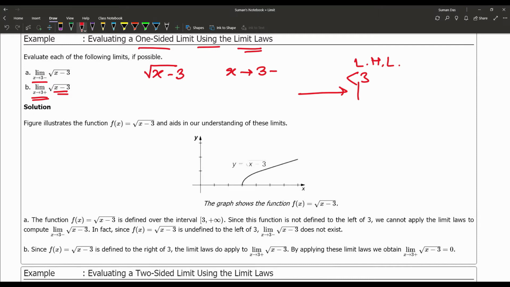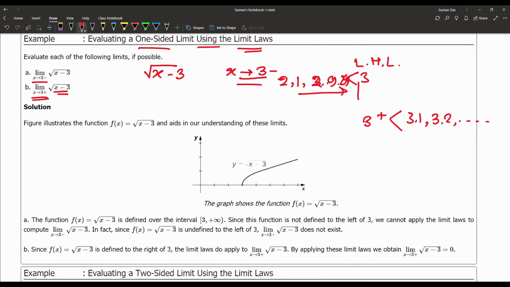That means from the below part of 3, or the values are like 2, 1 in that way, or 2.9, 2.99, but not greater than 3. And for 3 plus, the values are coming from the right hand side of 3, that is 3.1 or 3.2 in that way.